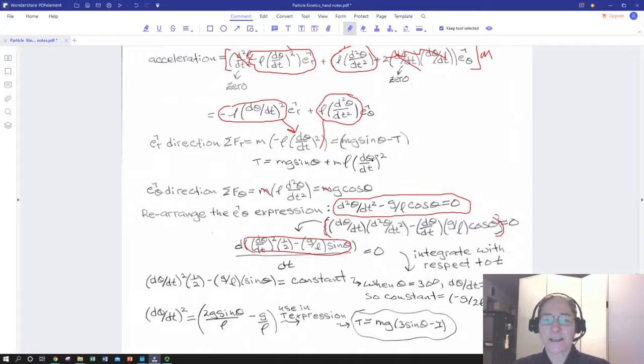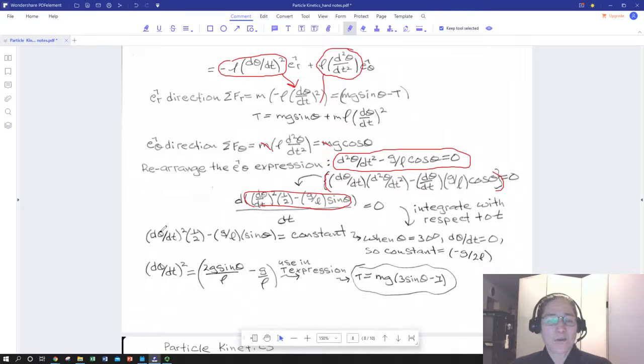this d theta dt squared, which was the only thing that was stopping us from saying, hey, we're done. Well, we can use this, which is all algebraic now, and just substitute, isolate d theta dt squared, and just insert it right here in our first equation that we got from our first application of Newton's second law in the radial direction, and we're done.